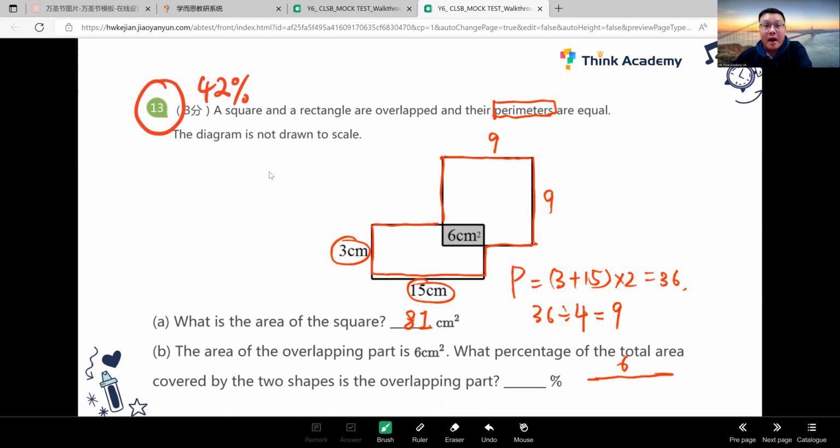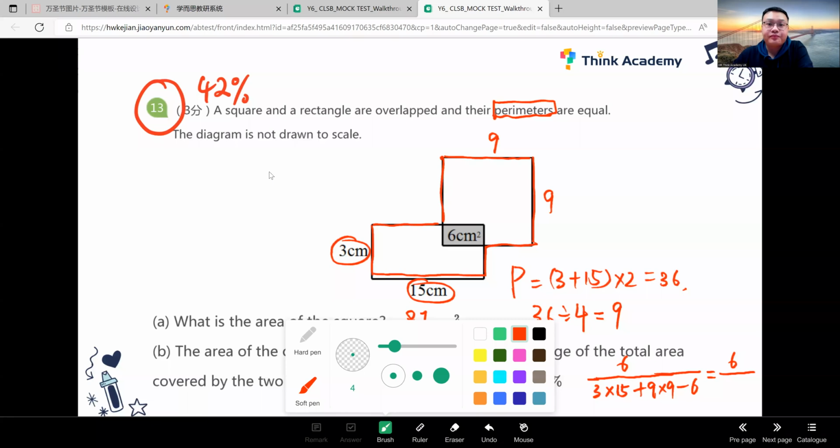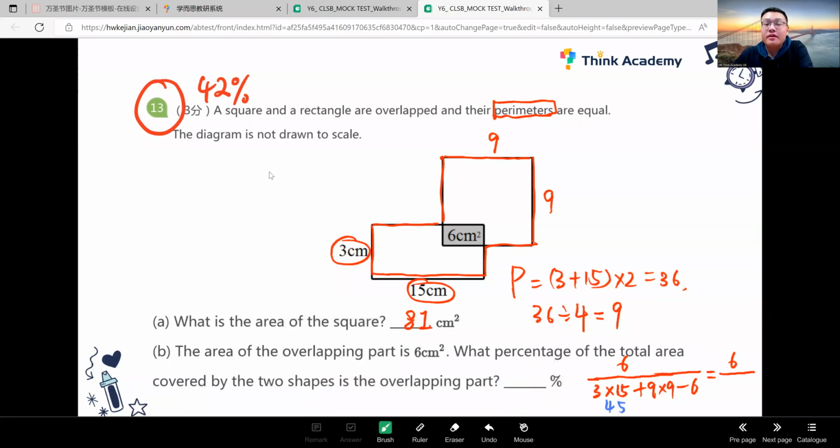So you use 3 times 15, which is the area of the rectangle, plus 9 times 9, which is the area of the square, and take away one overlapping part, which is 6. So what do we get? It can be 6 over, this one is 45 and this one is 81, and you minus 6.